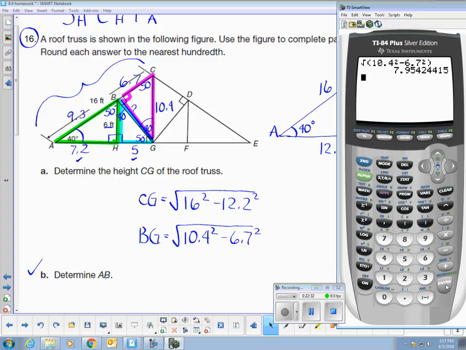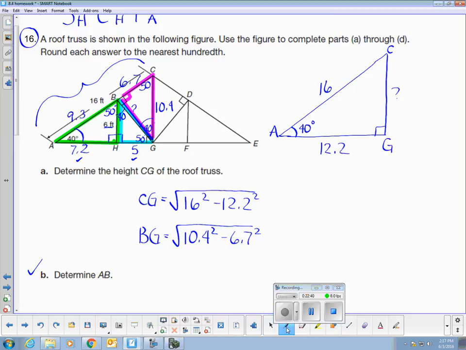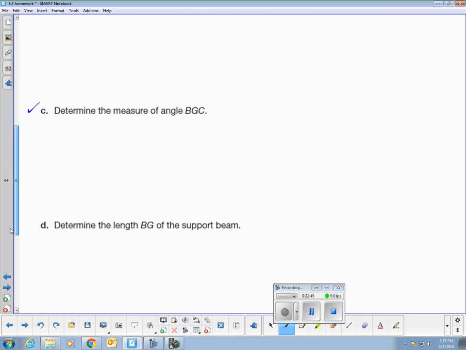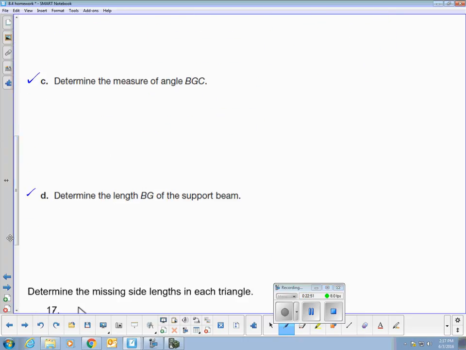And it appears to be about 8. So we're going to change this into an 8. And so we now have BG, check that off, and everything else, I believe, is complete.